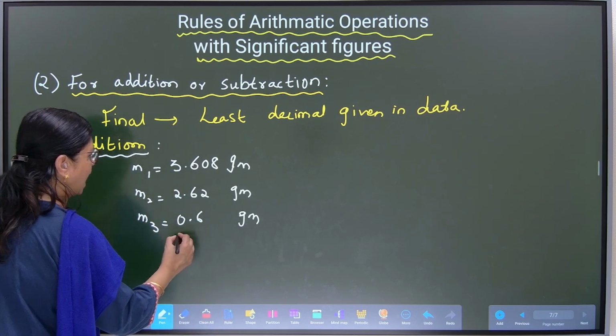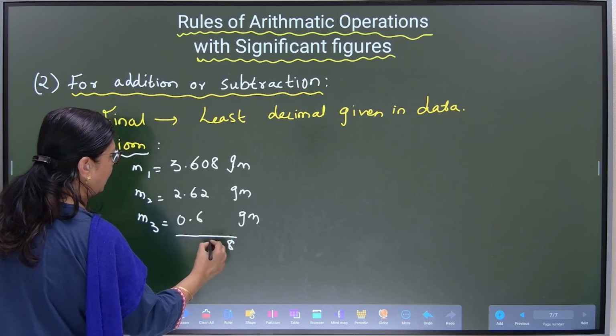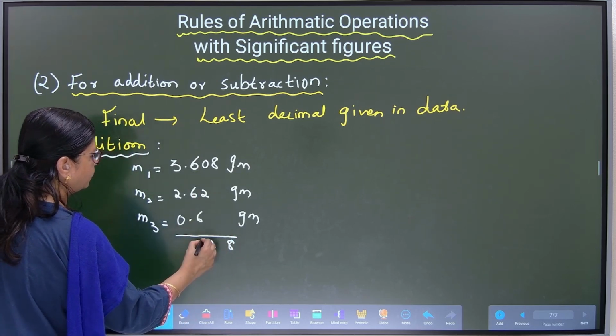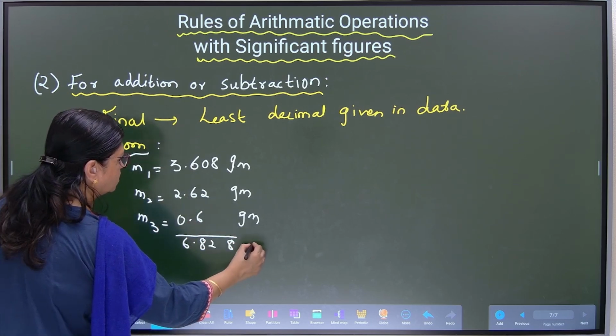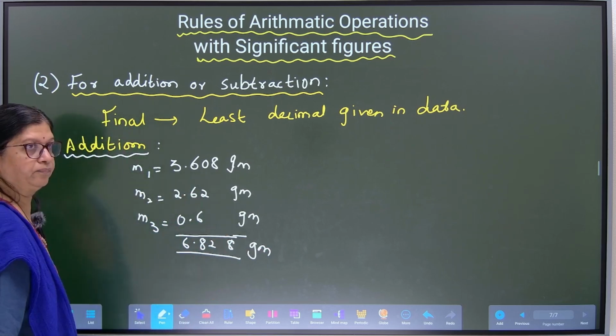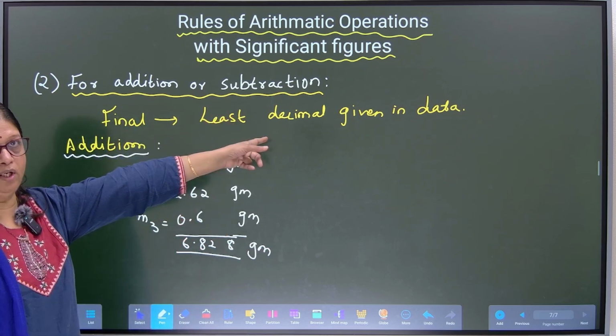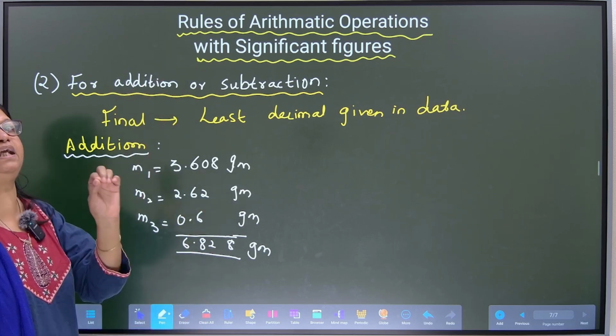So let us add them like a normal addition. So it goes as 6.828 grams. This is the addition which we would do normally. But as per the rule, our final answer must have the least decimal.